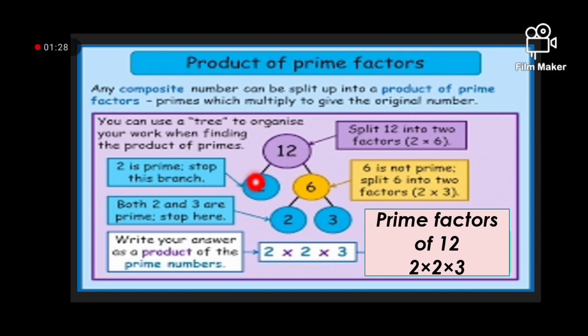So the prime factors of 12 are 2, 2 and 3. And when we multiply these prime factors, we will get 12. 2 multiplied by 2 multiplied by 3 means 2 2s are 4 and 4 3s are 12. So we will write the answer with the sign of multiply, and these are called the prime factors of 12.